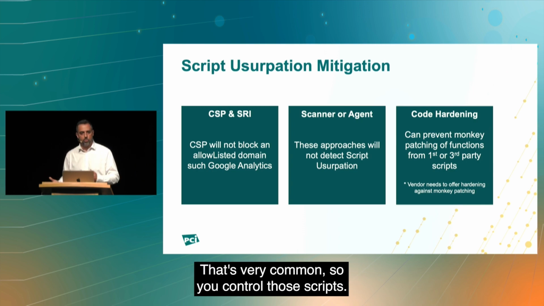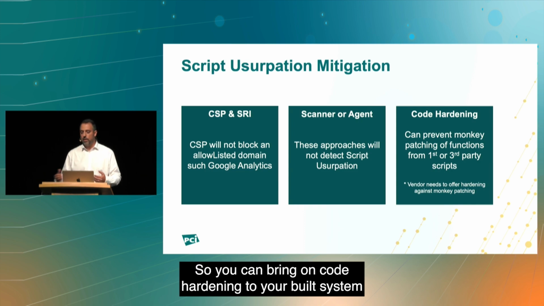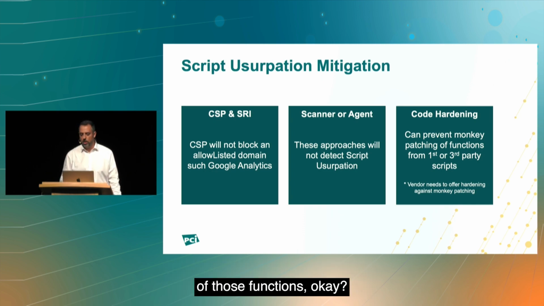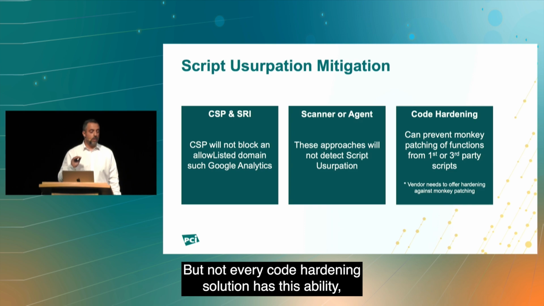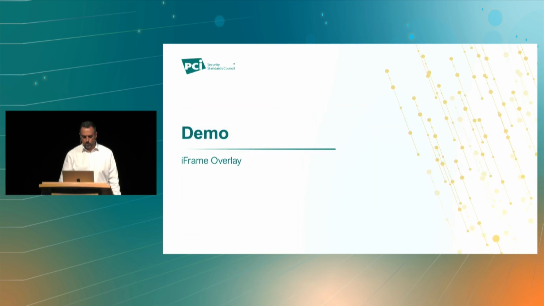So you control those scripts. You control when they are changed, when they are built. So you can bring code hardening to your build system and make sure that it is protected against monkey patching of those functions. Okay, but not every code hardening solution has this ability, so check for that.